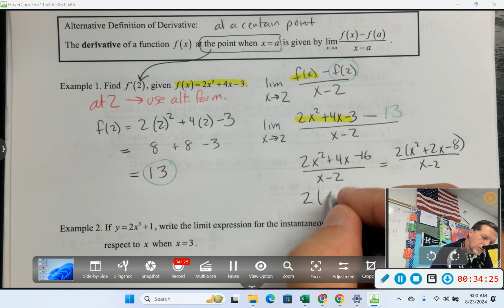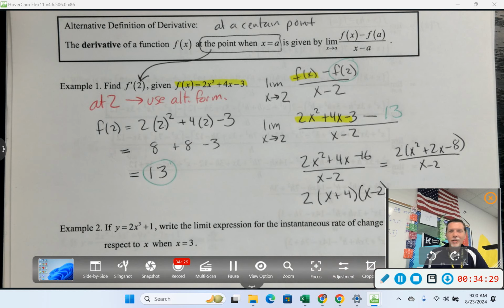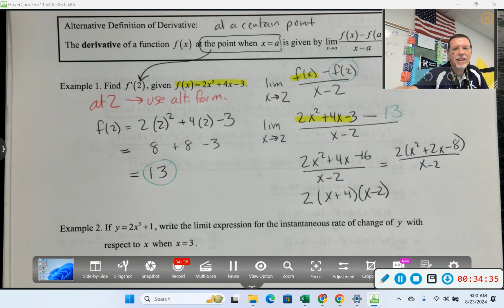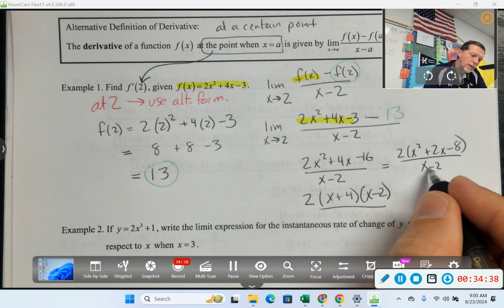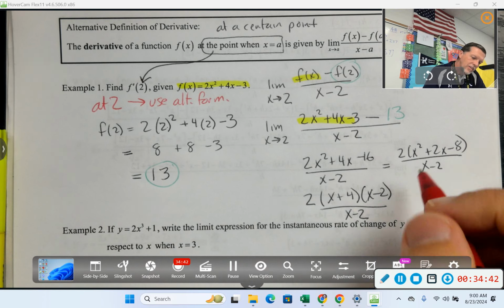Into x plus 4. It's kind of the same thing from the factoring on the test. Like, you know something's supposed to cancel, so you kind of have a built-in hint there that probably x minus 2 is a factor of the top, so that it will cancel.